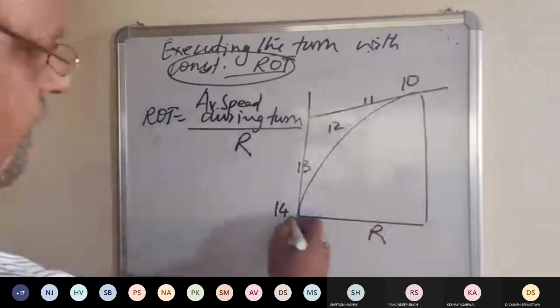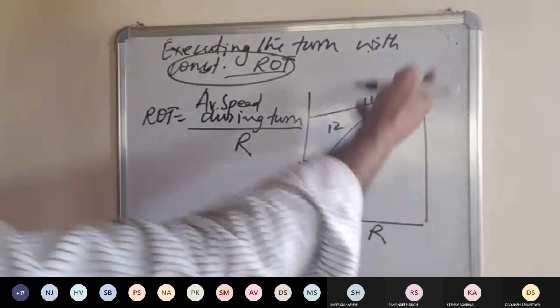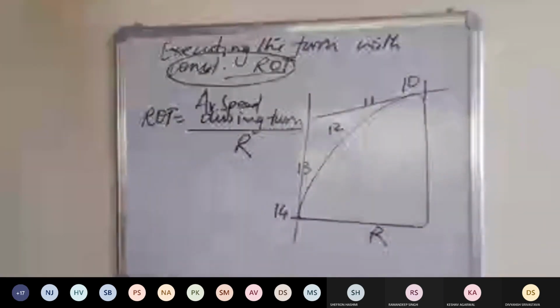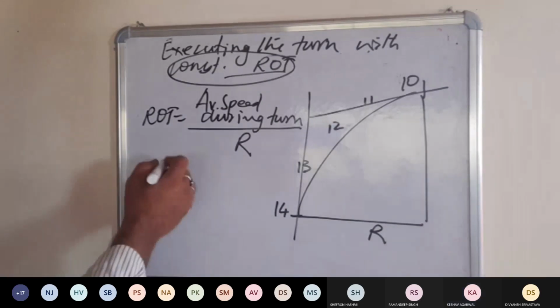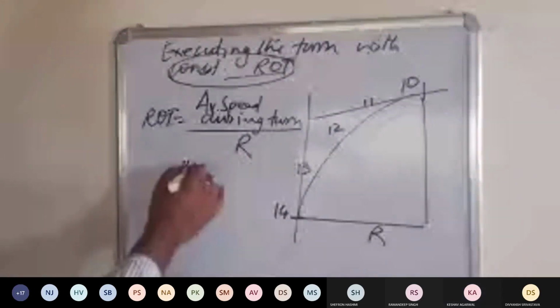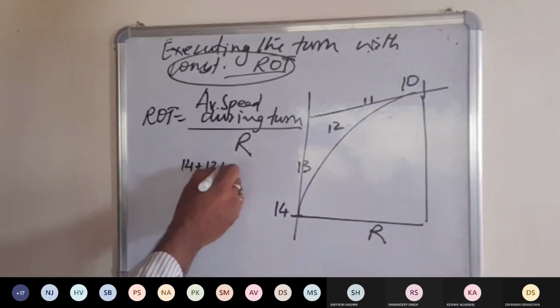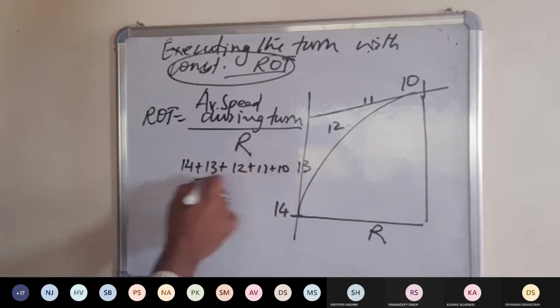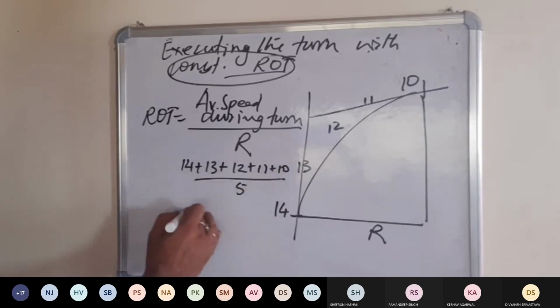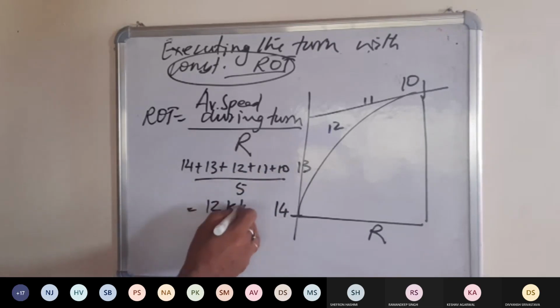So during this turn, what is the average speed? 12 knots. So what we have is 14 plus 13 plus 12 plus 11 plus 10 divided by number of entries, 1, 2, 3, 4, 5. So that must be coming to 12 knots.